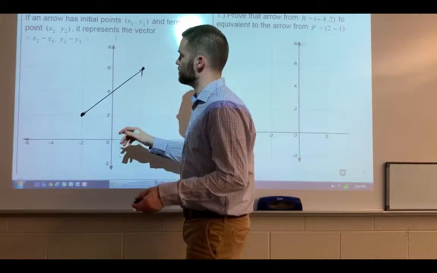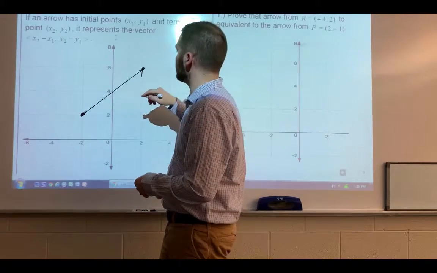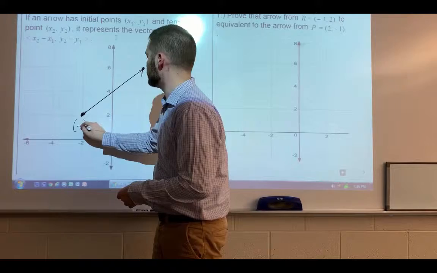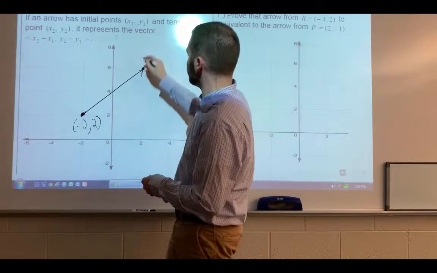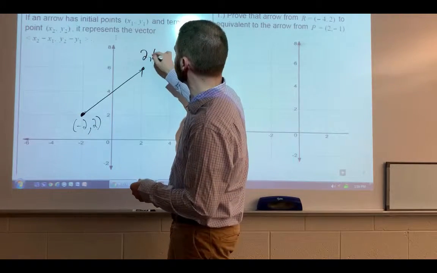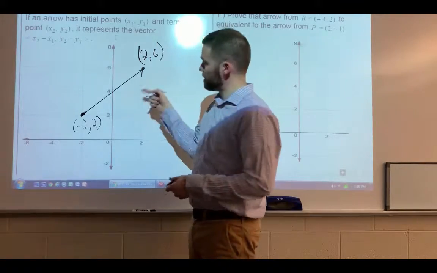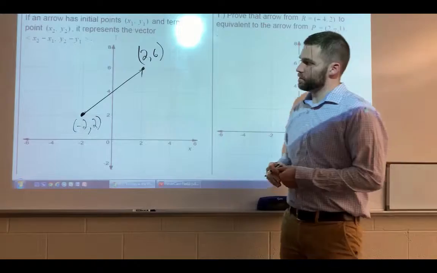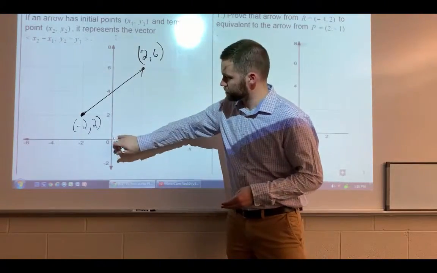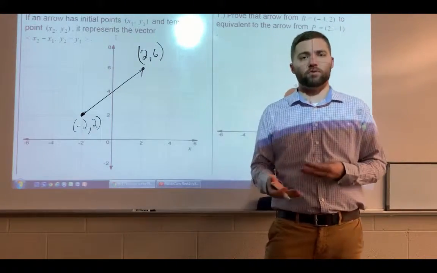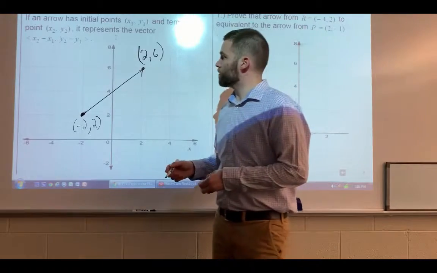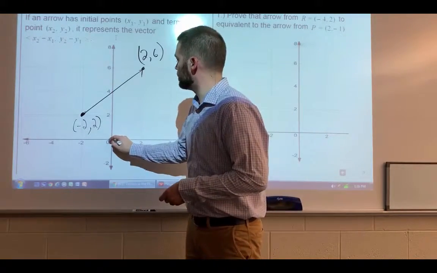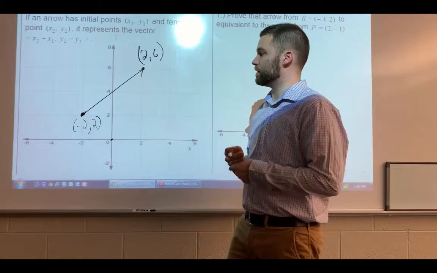So we'll go -2, 2. And this is 2, 6. So that vector right there, we can write that as the vector that starts at the origin. In other words, the one that is in component form that we just talked about. We can write that by taking x2 minus x1, y2 minus y1. That's the component.